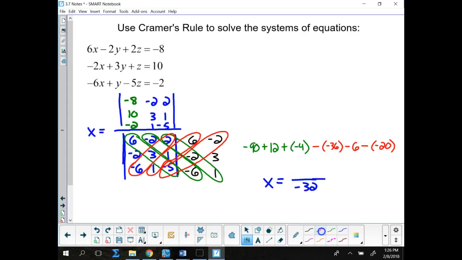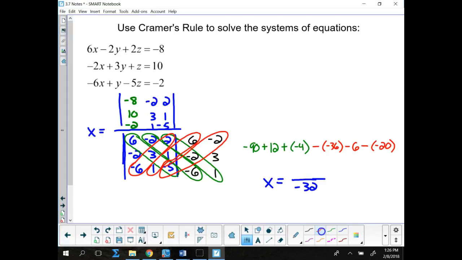Right? Check me on that. -90 plus 12 minus 4 plus 36 minus 6 plus 20. Should be negative 32.